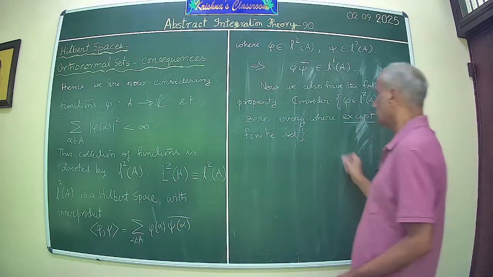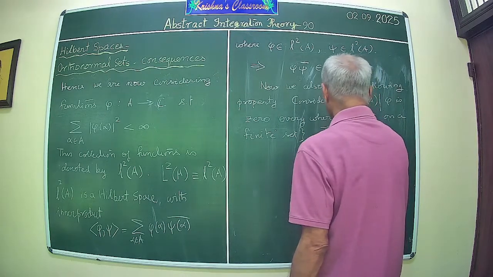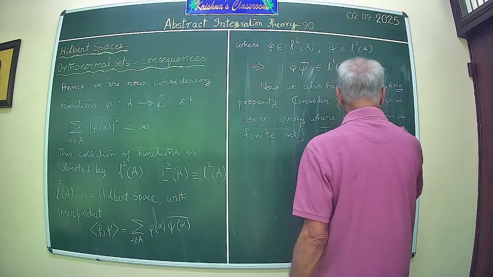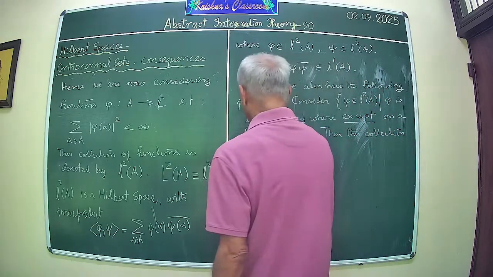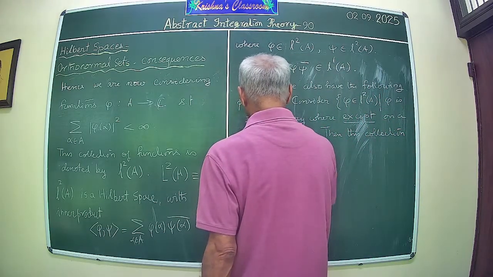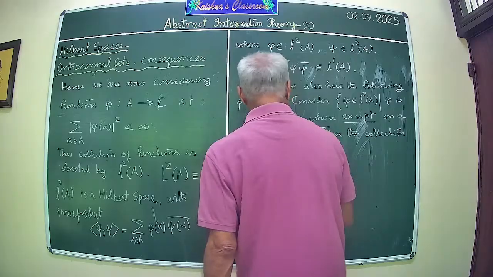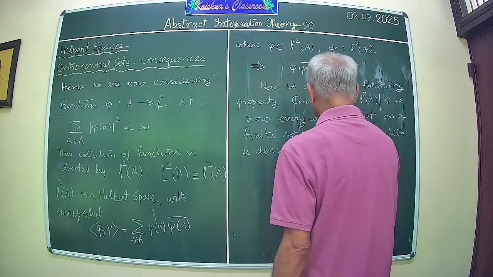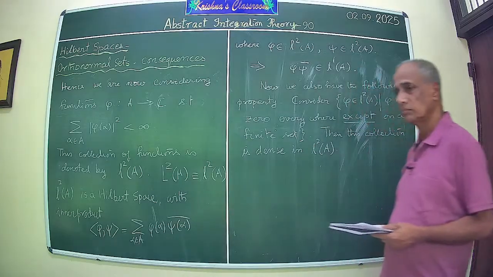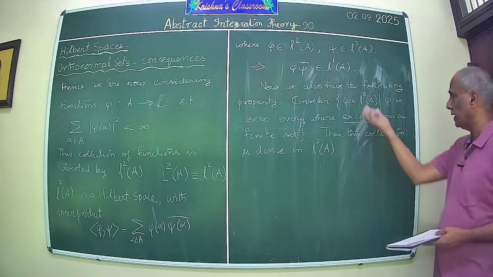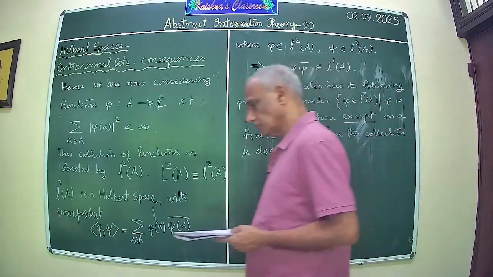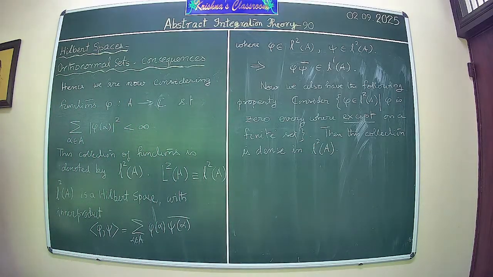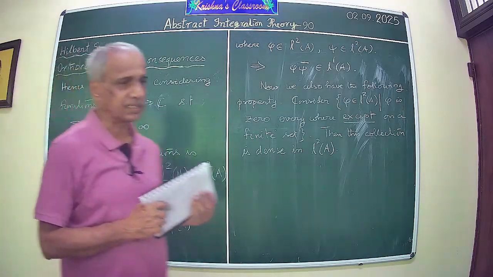Then this collection is dense in L2. So you take all those phi which are 0 everywhere except on a finite set.